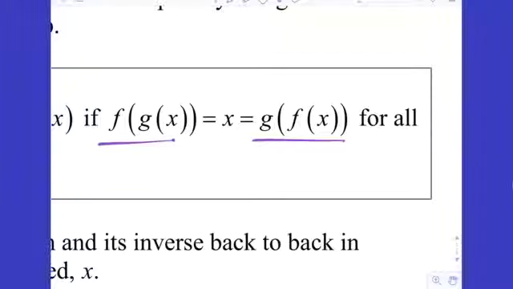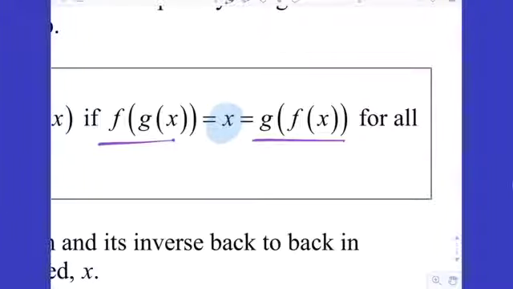The inverse function f is going to then take that and take me right back to where I started, x. And it doesn't matter the order. If I start with x and apply f first, it's going to take me over here. Applying the g function takes me right back where I started. So not only are they commutative, f of g of x equals g of f of x, they're both equal to x every time. So it's the only time composition is commutative.